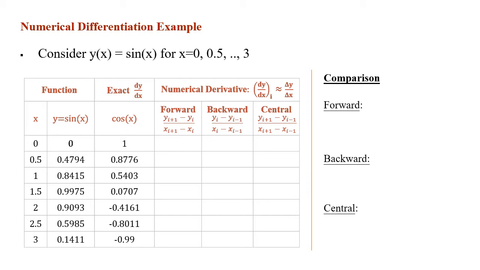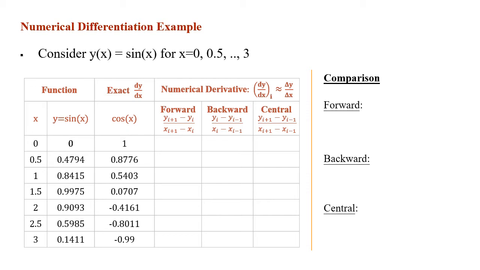So with the forward difference method, you'll have to take the point that follows, subtract it from the point that precedes, and then do that in the denominator as well. So you'll take 0.4794, subtract it from 0. This is the numerator.